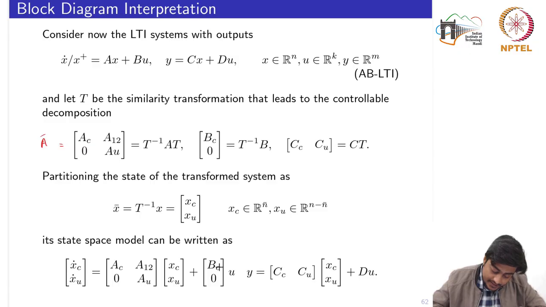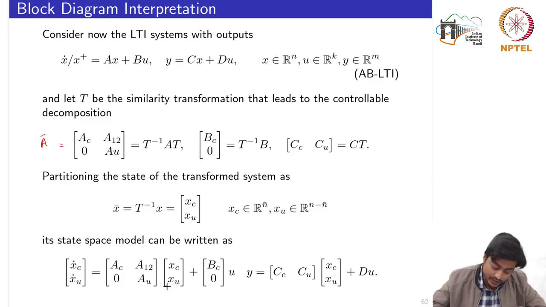And it has a direct influence of the control signal U because of this non-zero BC matrix. Now x u is only triggered by its initial condition, not by x c, and it does not have any influence by U. So basically it is nothing but a homogeneous equation.